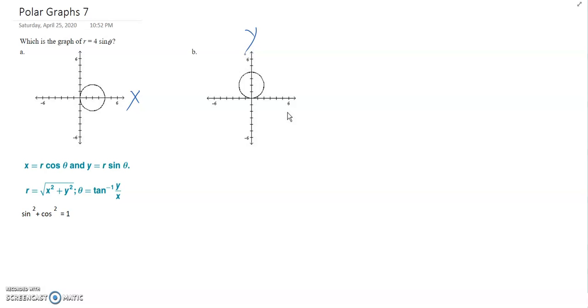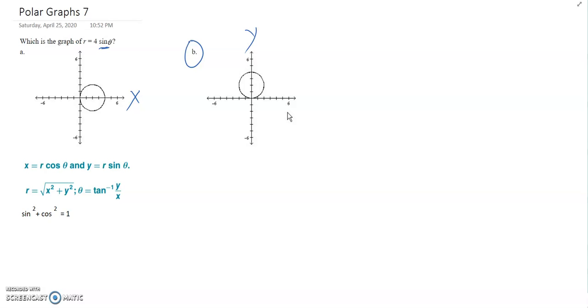Hopefully, one of the first things you learned is that sine represents the y value on the unit circle, and cosine gives the x values. This is a sine equation, which tells me this should be a vertical movement. So the answer is B without actually having to do any work.